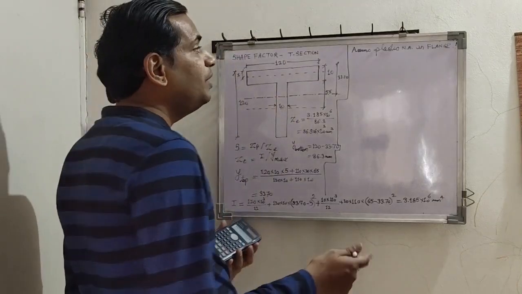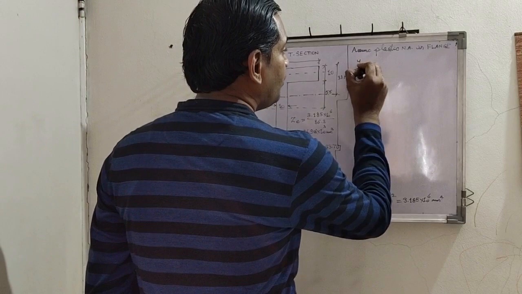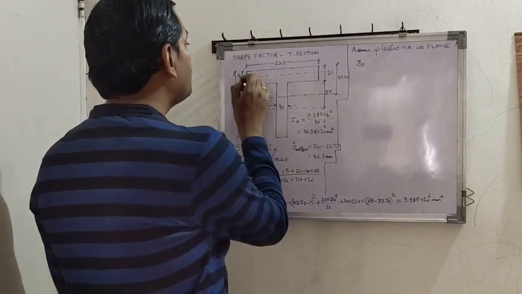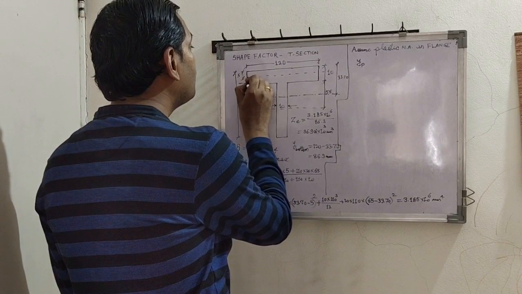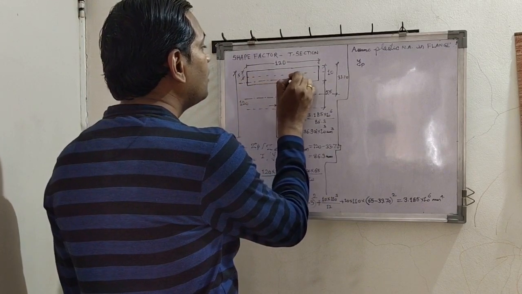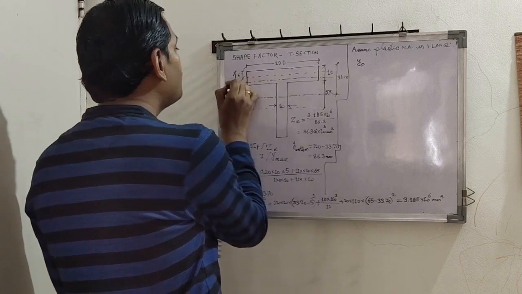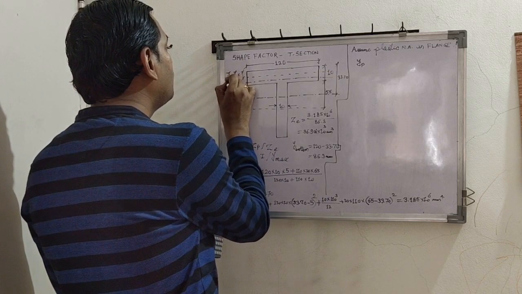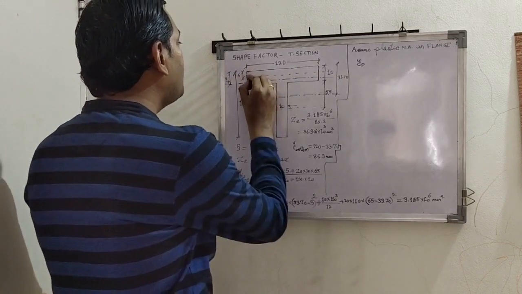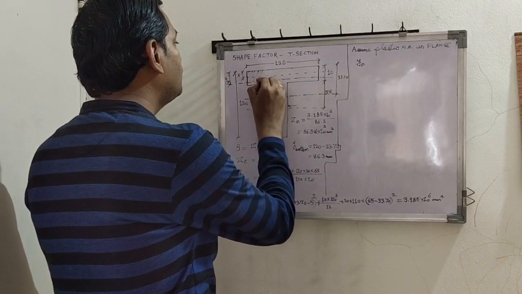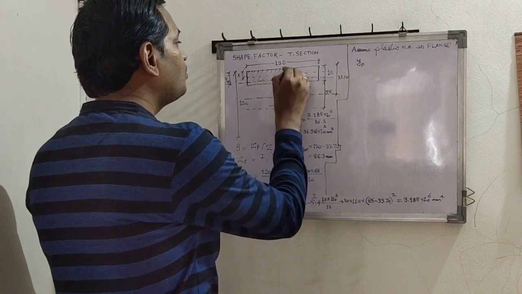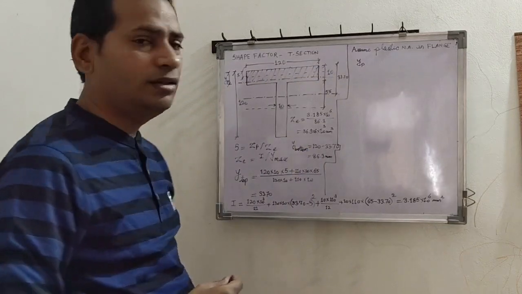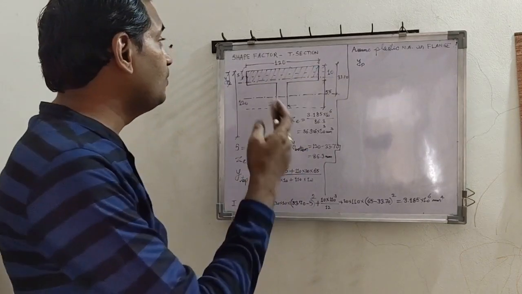For the time being, we shall assume that the depth of the plastic neutral axis from top is YP, somewhere here. So this depth is YP. This shaded region, which I am doing so that you will understand, is above the plastic neutral axis.